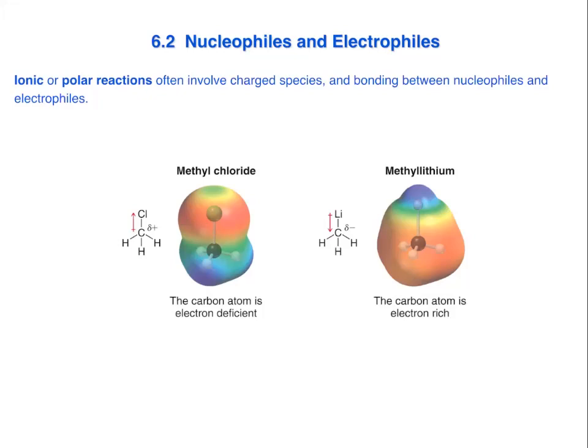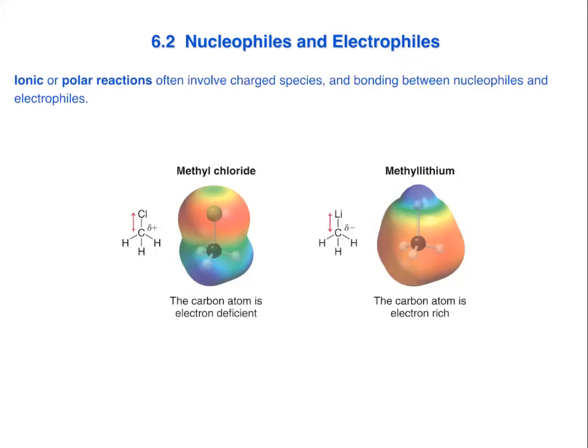Different pairs of molecules may change their identity with respect to nucleophile and electrophile, but you're always comparing the relative ability of one molecule over another to donate electron density, and therefore the other would be the acceptor of that density.